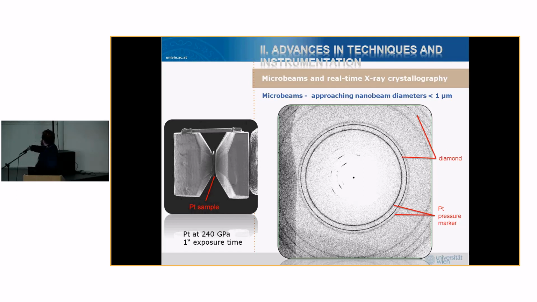Of course, you can see that the signal to noise ratio is not as beautiful as you want to have it, but you really want to be quick, because if you change pressure or temperature, things can happen to change, and this happens sometimes even at high pressures pretty fast.